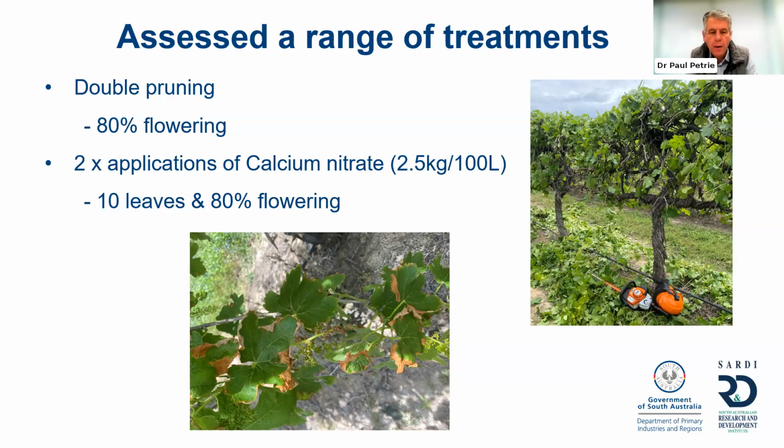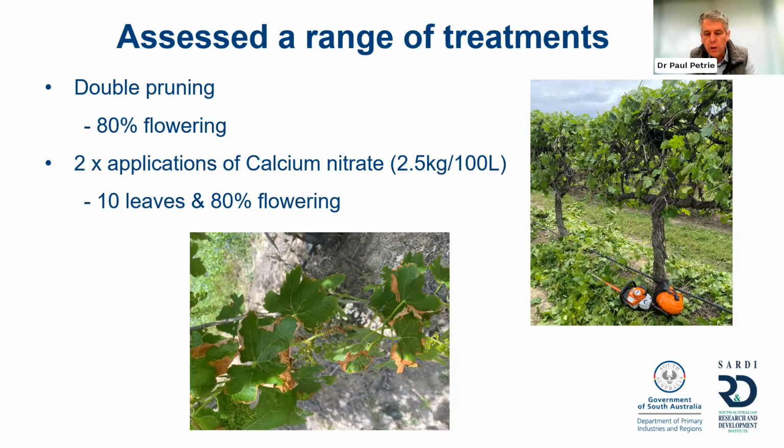We trialled applying a fertilizer, calcium nitrate. It can have a burning effect on the canopy. When we first talked about this technique and how effective it might be or how it might look, I was expecting something like a bad frost, or maybe if you had sprayed your vineyard with Spray.Seed as a defoliant.